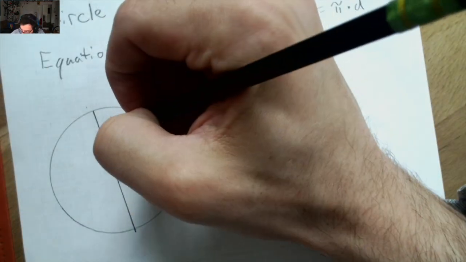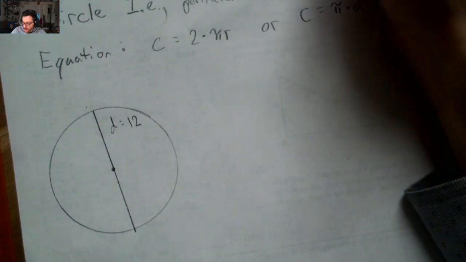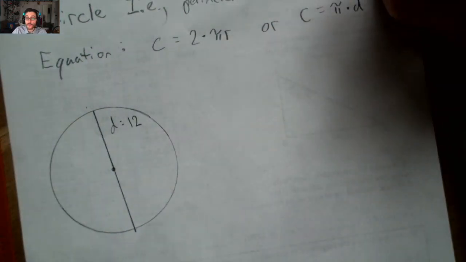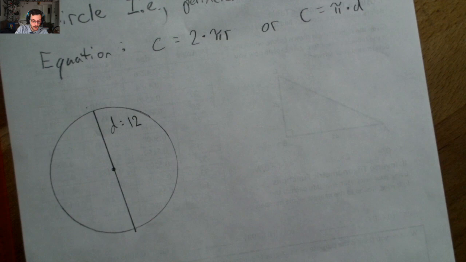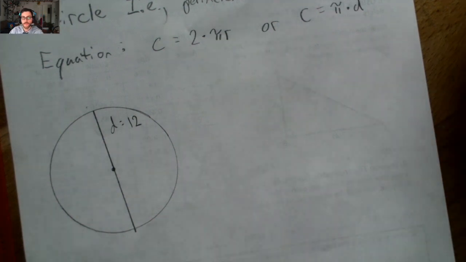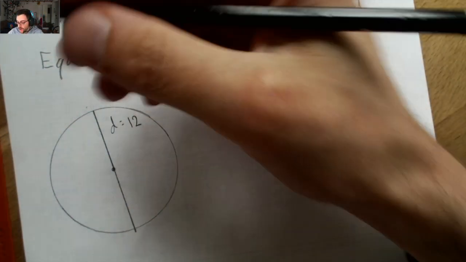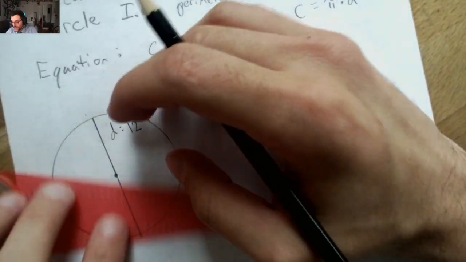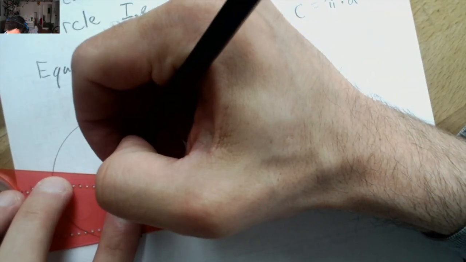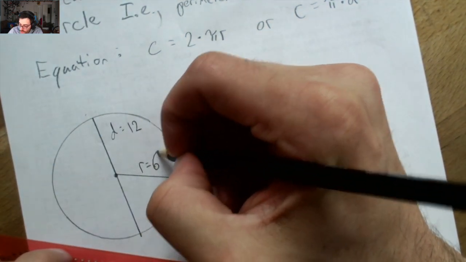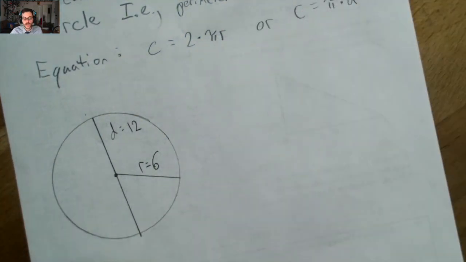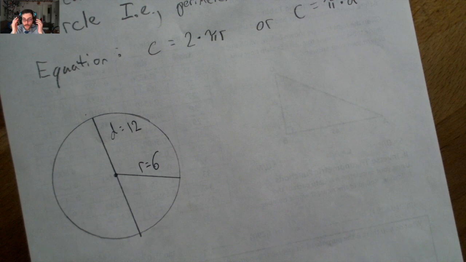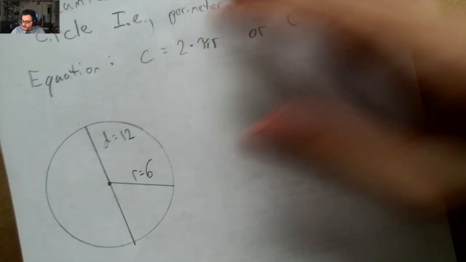So we could say our diameter is going to be 12. If the diameter is 12, what is our radius going to be? All right, so for this particular one, we can say our radius would be 6. Our radius is just going to be half the length of our diameter. So we just do 12 divided by 2, or half, and get the value of 6.